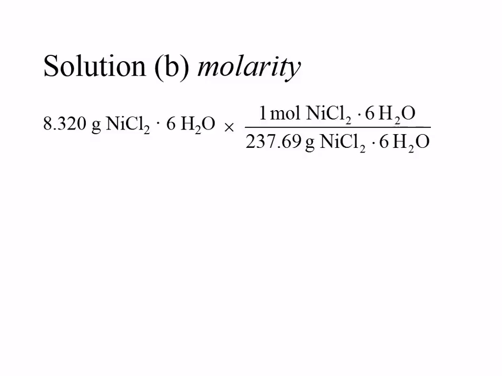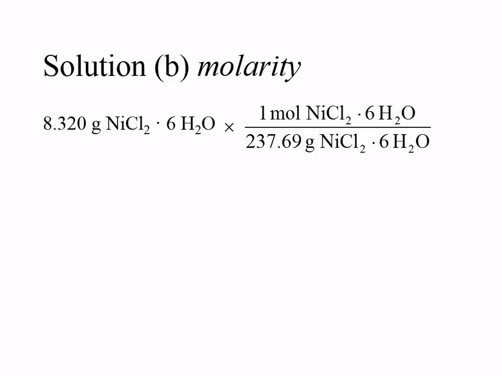My next term is the molar mass of the hydrated salt: 1 mole of NiCl2.6H2O over 237.69 grams of NiCl2.6H2O. Now, the units of grams will cancel. That will leave me with moles of the hydrated salt. How many moles of nickel 2 chloride are there in 1 mole of nickel 2 chloride hexahydrate?